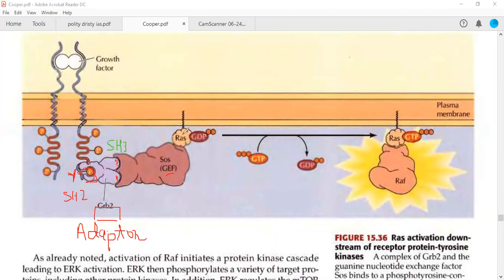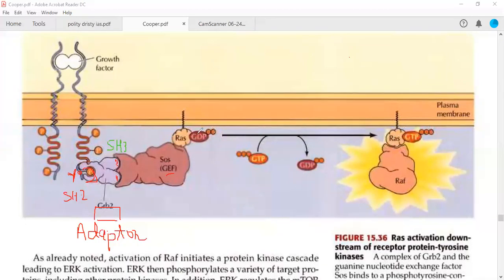So in GPCR, we studied trimeric G proteins, which had alpha, beta, gamma subunits, and the alpha subunit will be able to bind to the GTP. Similarly, these RAS proteins are analogous to the alpha subunit of the trimeric G protein, because they are able to bind to GTP, and once bound with GTP, they will be activated.